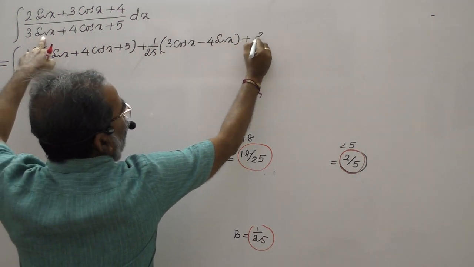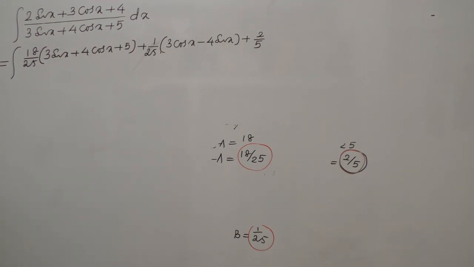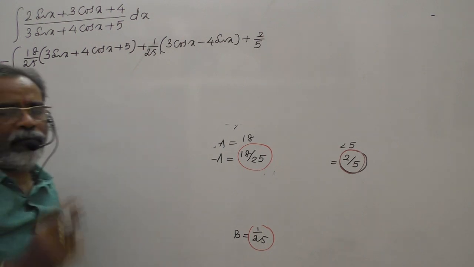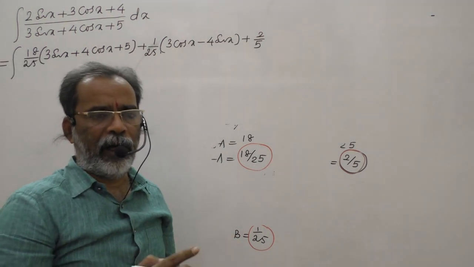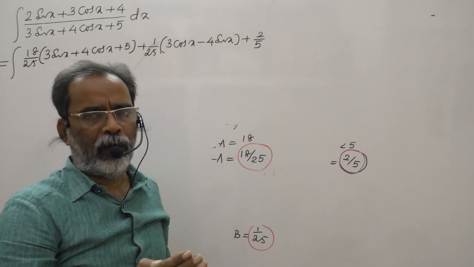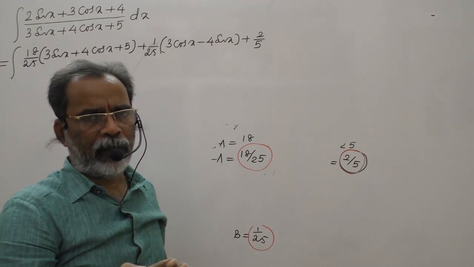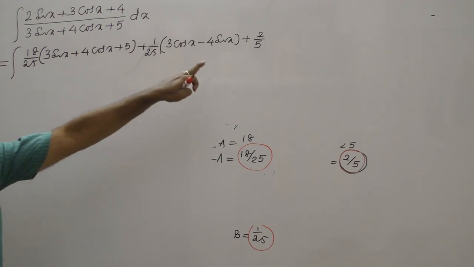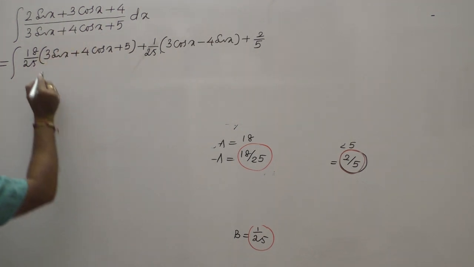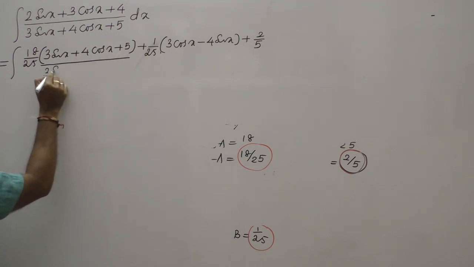What is r? r is 2 by 5. So this is the numerator. In the procedure we have taken only the numerator, expressed it as a into denominator plus b into d by dx of denominator plus r. I have written the numerator. Denominator will be there, no? It divides all. So you divide separately.